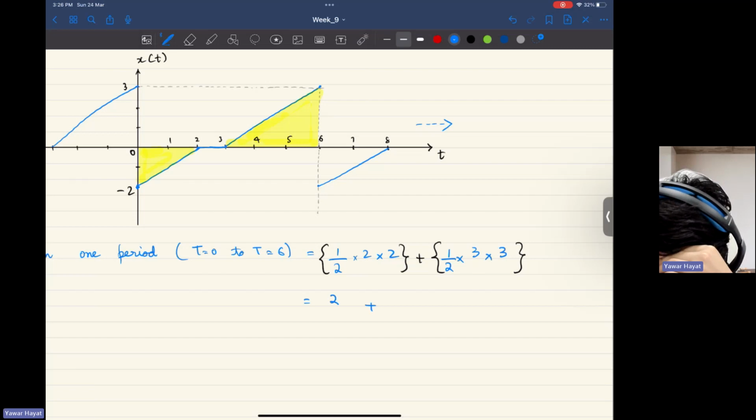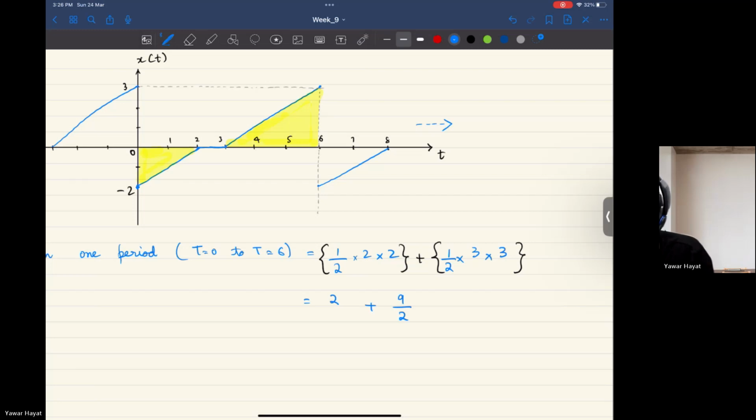Plus half of 3 threes are 9, so 9 by 2. Right. So this is area, right?